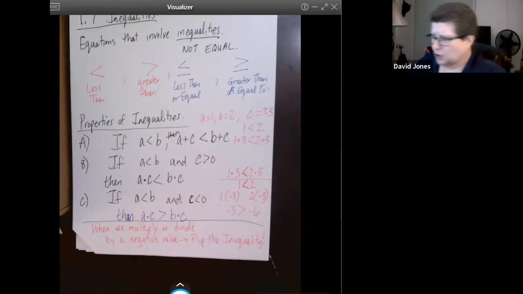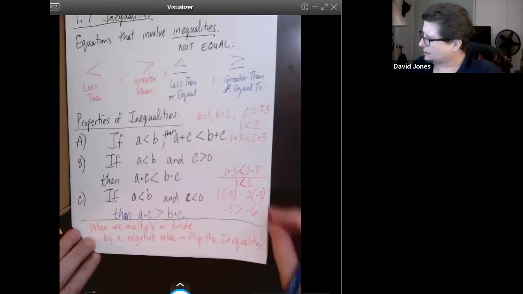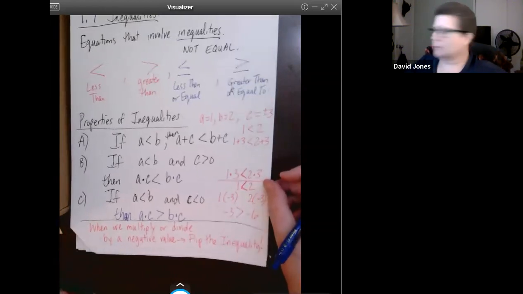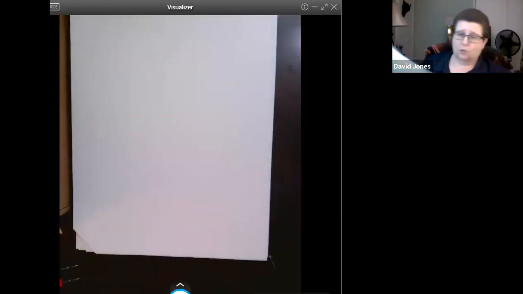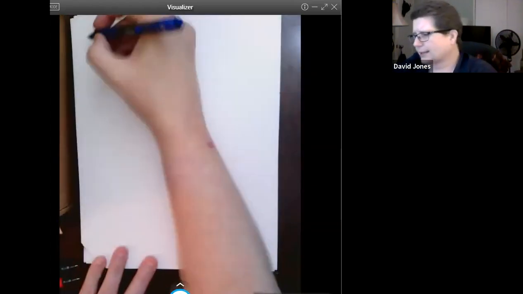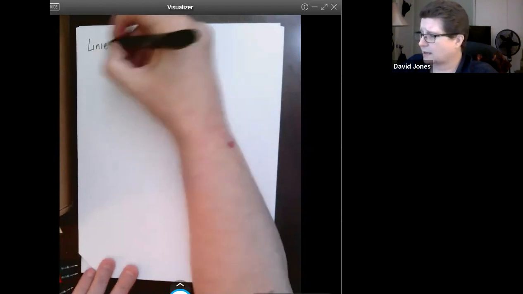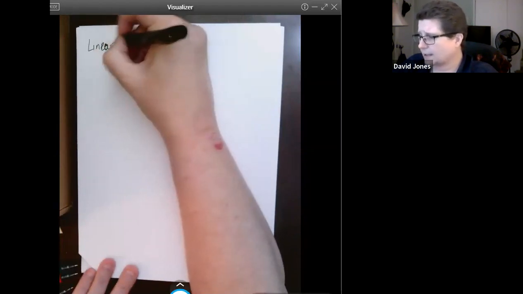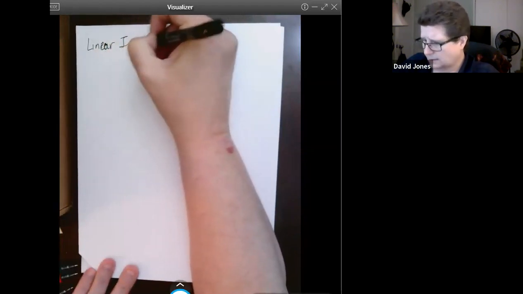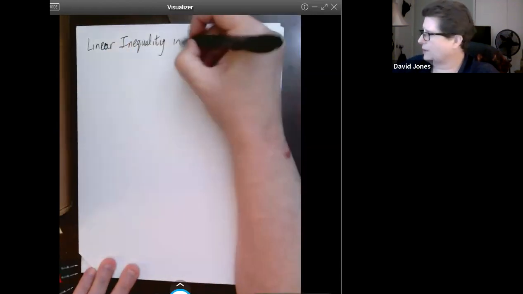All right, let's start looking at these inequalities. And we'll start off with simply just one variable with one exponent of 1. So a linear inequality in one variable.